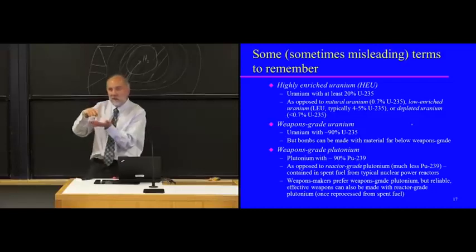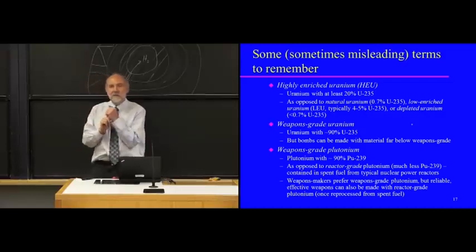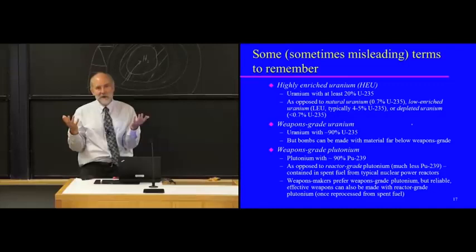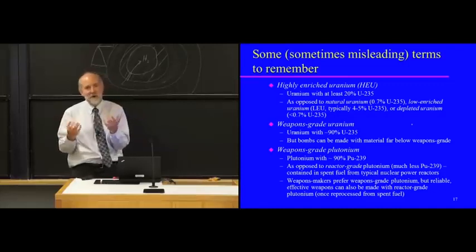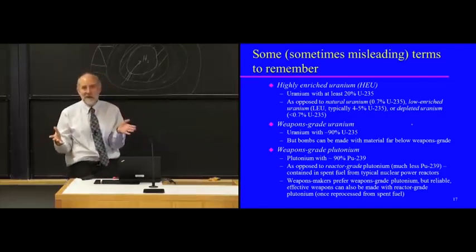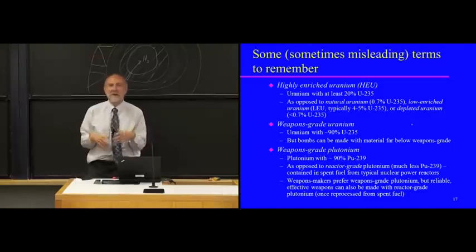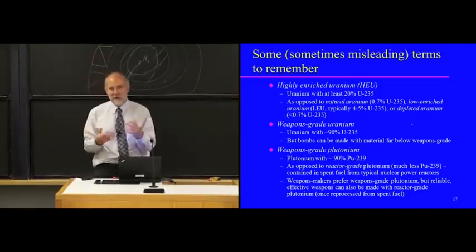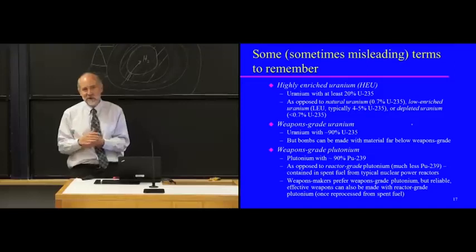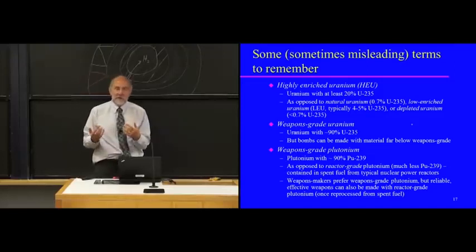And plutonium-240 has a huge spontaneous fission rate. It falls apart and releases neutrons all the time. And so you end up with lots of neutrons flying around if you have a lot of plutonium-240, and that makes it more difficult to make your nuclear bomb.